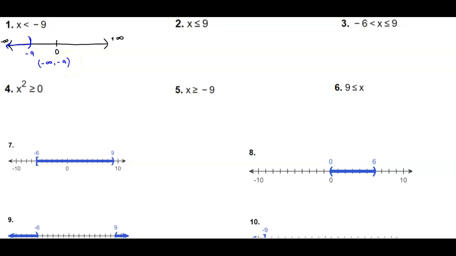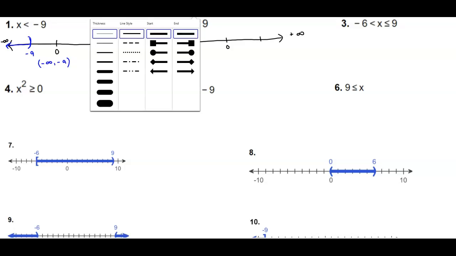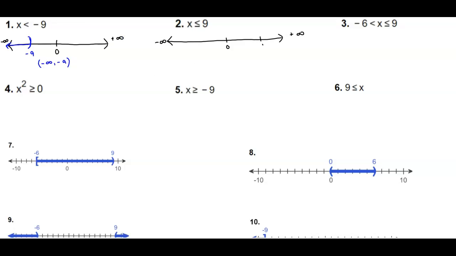Okay, let's do the same thing with number 2. Again, we know it's going towards -infinity on the left, +infinity on the right, and now this is +9. So at +9, this is saying x is less than or equal to 9.